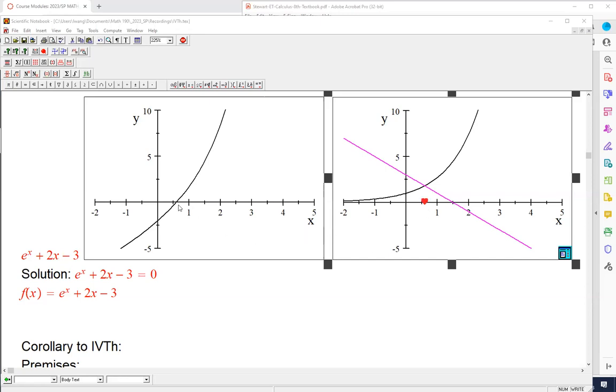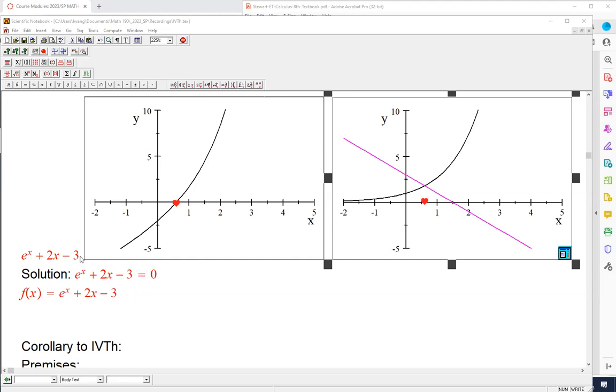And in about the same place, it's the same solution, but in this case, it is the x-intercept. So by doing this transformation, creating this function, the question of finding the point of intersection between two curves becomes finding the x-intercept of this one function. I hope you understand that.